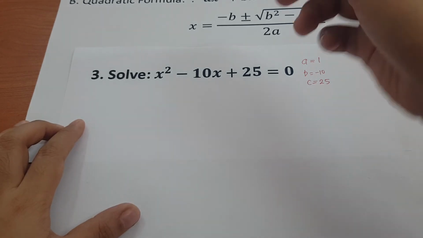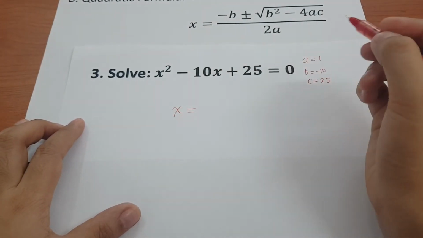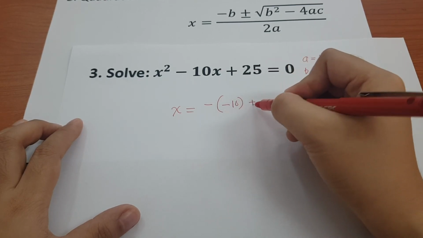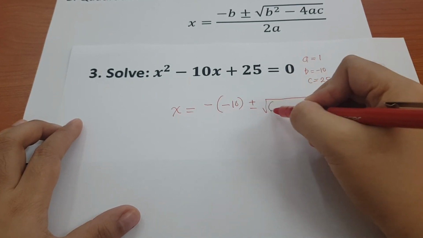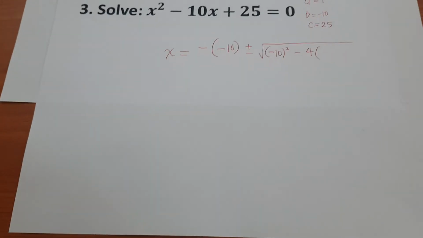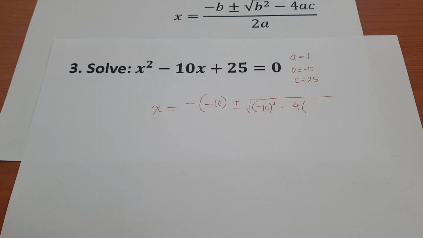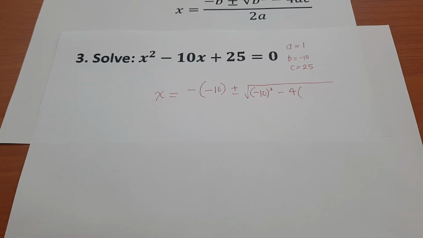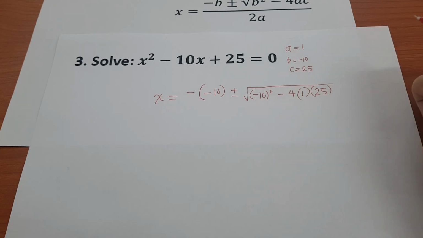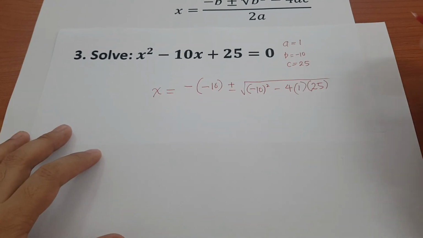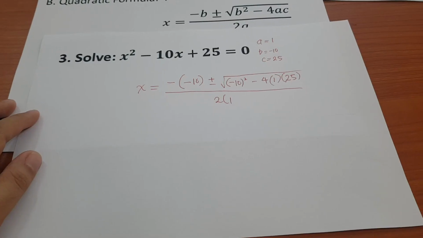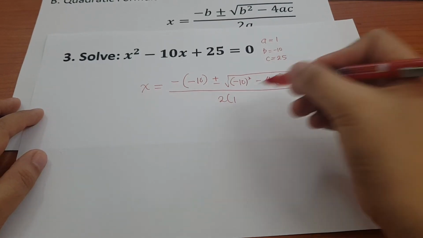So let's plug in minus b, which is minus 10, plus and minus the root of b squared minus 4ac, all over 2a, 2 into 1.